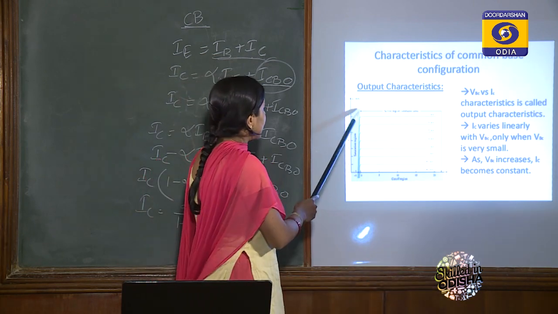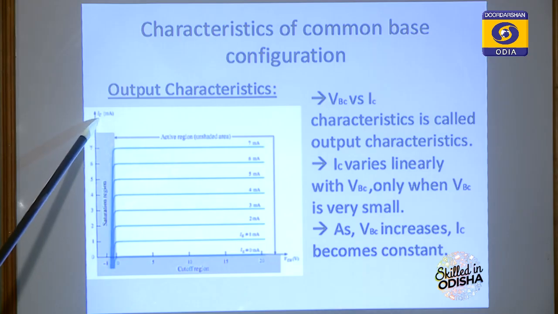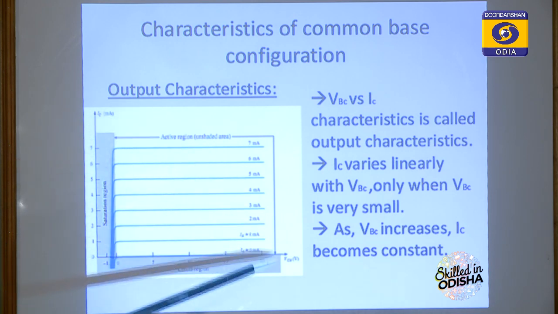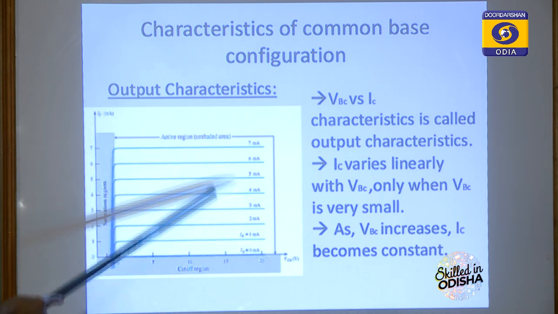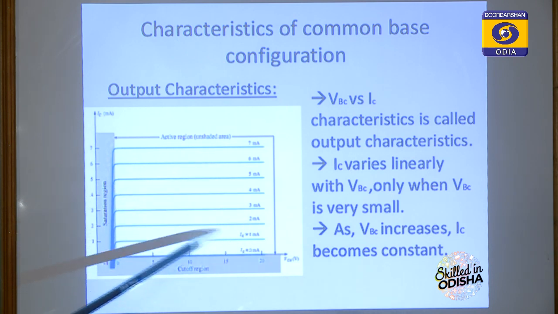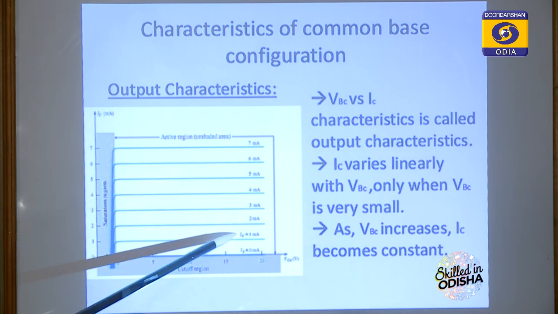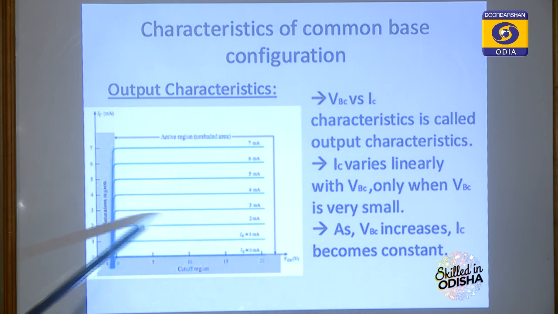So this is the characteristics curve between IC and VCB at constant IE. At IE equal to 0 this is the graph, and at IE equal to 1 milliampere this is the graph.